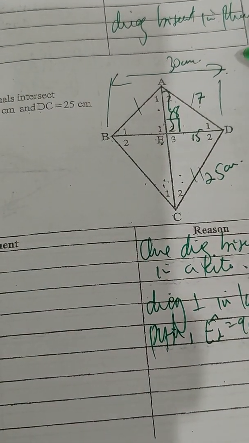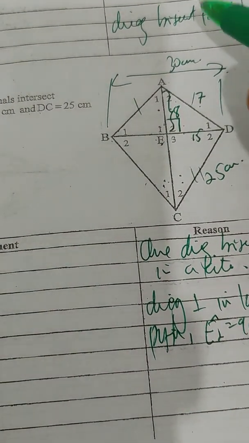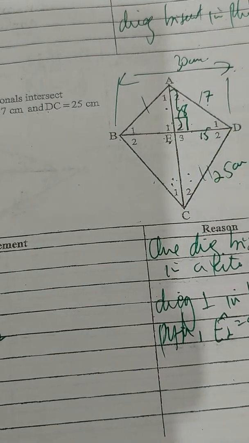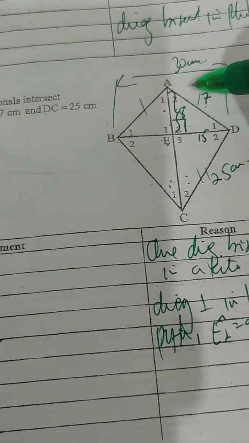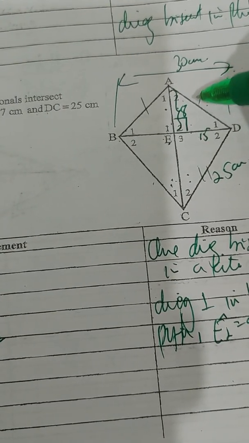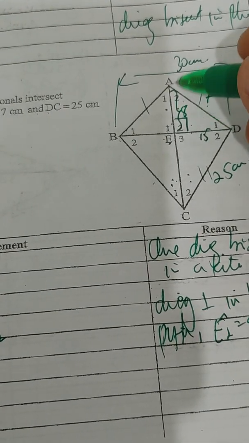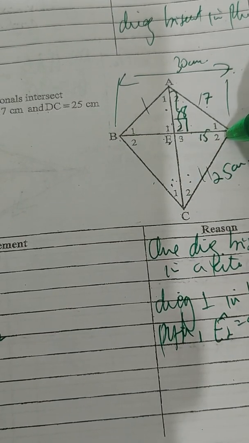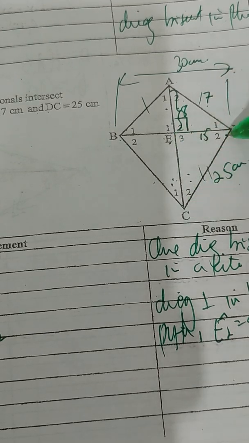Then they want to know AC. Now AC is this whole length here. Let me just check here. There's no way of using Pythagoras to work out the whole length there because this is not given as 90. However, what we can do is apply Pythagoras in this triangle.